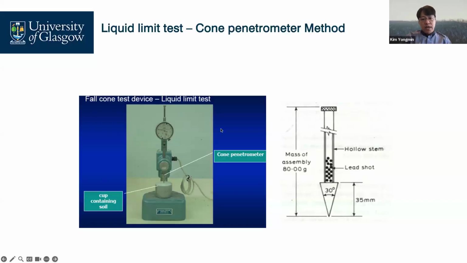So this is the fall cone test. The fall cone test appears to offer more accurate results and is less prone to operator errors. In the fall cone test, a cone with an angle of 30 degrees and a total mass of 80 grams is suspended above and just in contact with the soil sample.